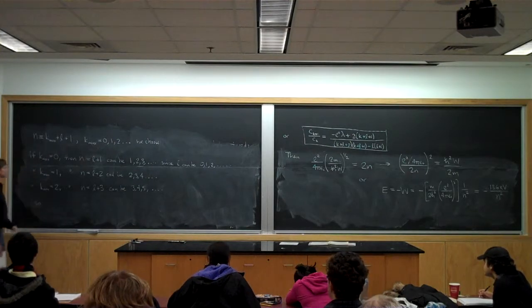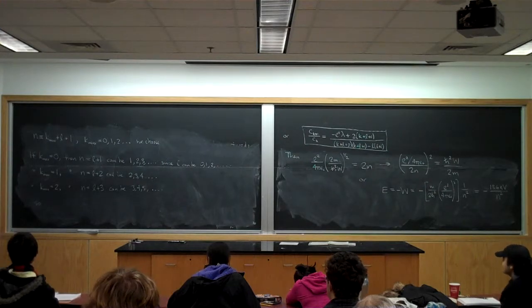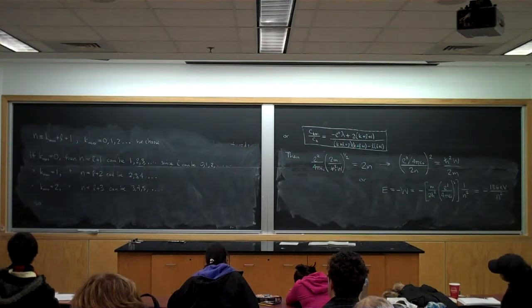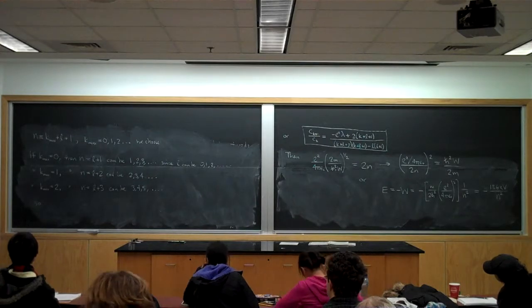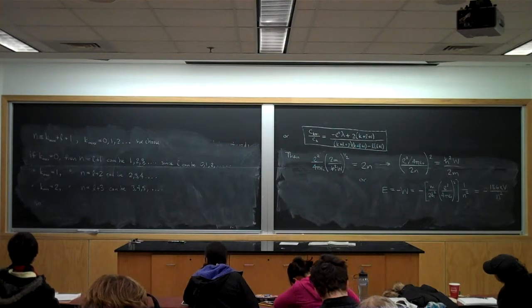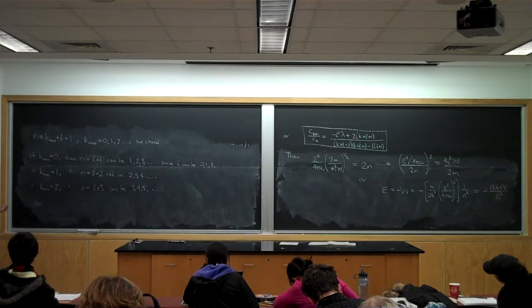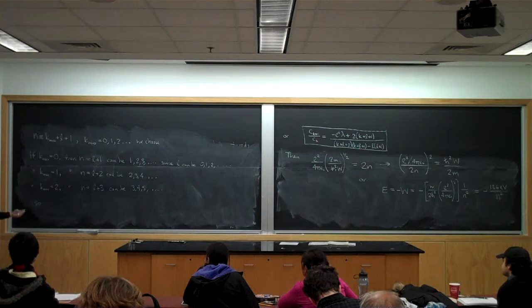So obviously we can continue this forever. So in the grand scheme of things, n can be any positive integer. That's really what we're concluding here. And now we're going to turn it around and say, okay, what if we start with n instead of with k max?